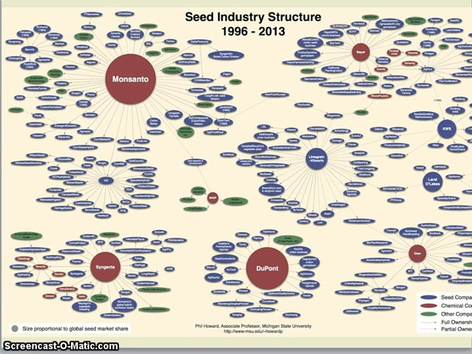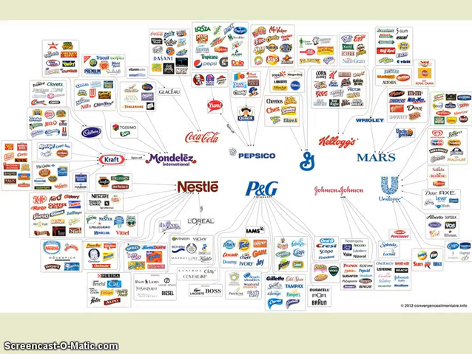You can see here that only a handful of companies own most of the seed production. The largest are actually chemical companies, so it's actually not food producers who are providing our seeds, it's chemical companies with the goal of increasing sales of chemicals, which are the fertilizers and pesticides.